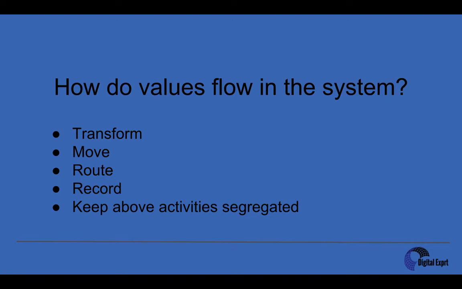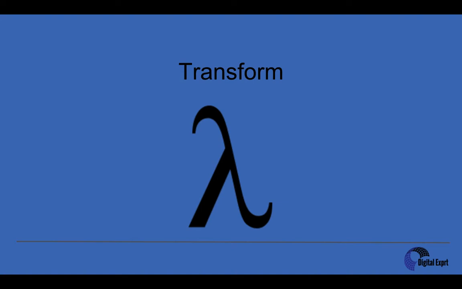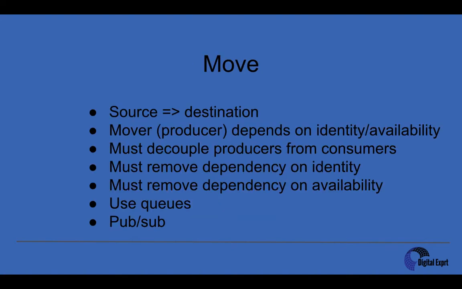And also all these activities, all 4 activities, transform, move, route, and record, are kept segregated. Let's look at this transform, which we're using the symbol lambda from functional programming, the transformation of values. We will not dwell on it because it's very clear what it means.